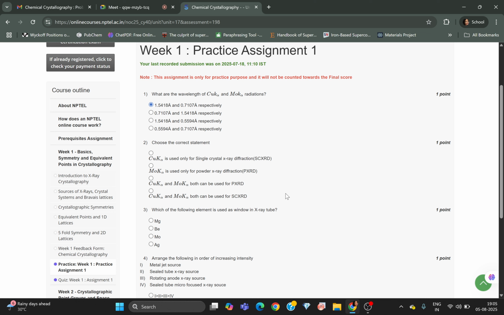Now here we have to think a little bit. Copper is mostly used for PXRD, especially for organic or inorganic compounds which have low to medium atomic numbers, which gives us a strong or good diffraction pattern.